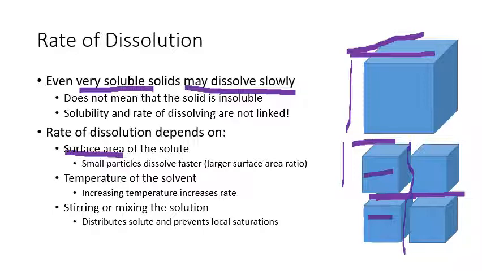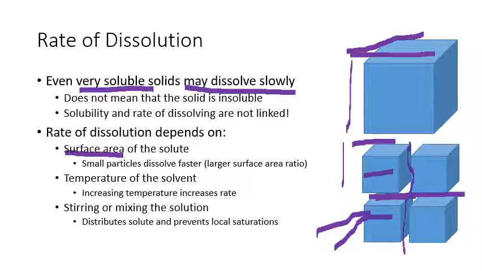So there are more spots for the water to come in and dissolve stuff, because solvents only dissolve solutes at the surface. So the more surface there is, the more regions there are for that reaction to occur, and the more frequently that reaction occurs, the faster it goes into solution. So breaking up a large molecule will cause it to go into solution faster.